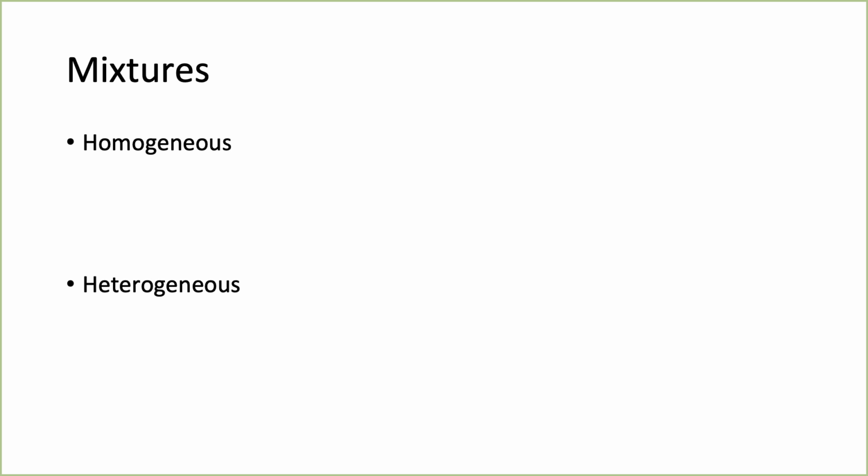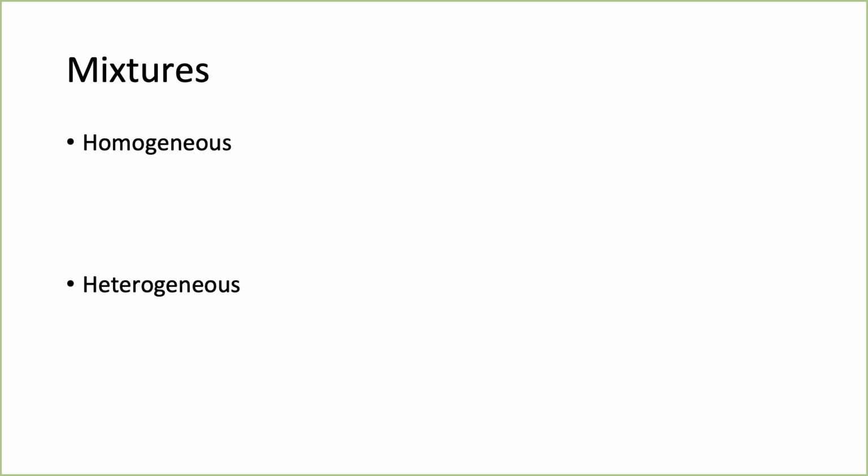Now next we have mixtures, homogeneous and heterogeneous. A homogeneous mixture has a uniform appearance. You can tell it's one phase or one thing throughout. Milk can be a homogeneous mixture because it has water, fat, proteins, all this stuff together as one thing.